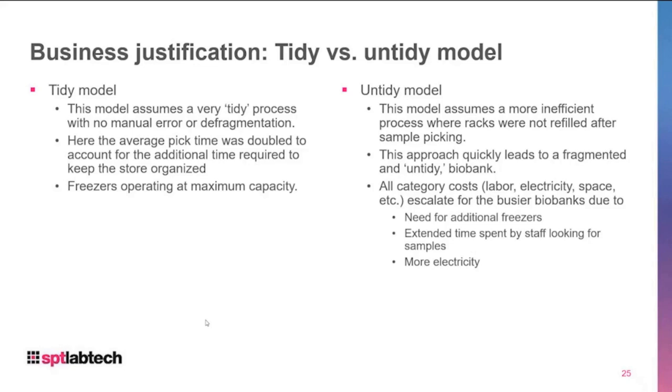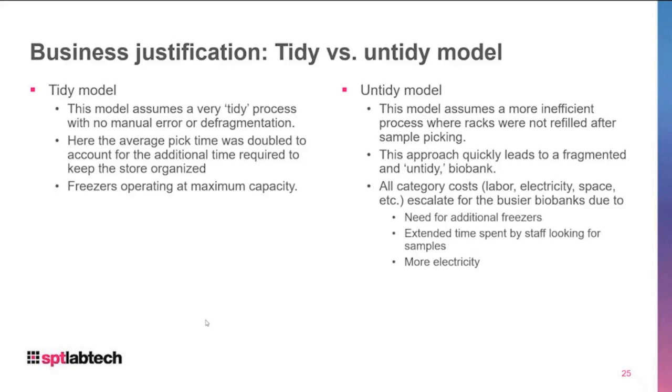And the model assumes that freezers are at maximum capacity. That's a little bit more tricky in manual storage, because the suggested capacities mean that you're well organized and you don't have frosting and all the other things that come with manual storage. The untidy model is a much more inefficient process where racks are not refilled after picking. So you're creating more of a capacity gap as you go.